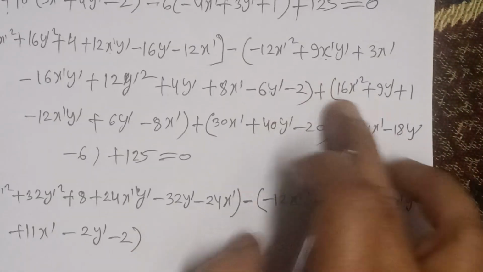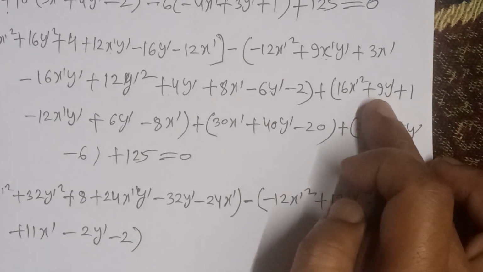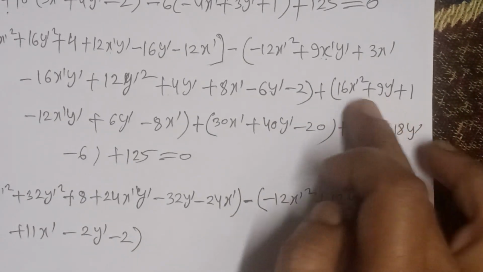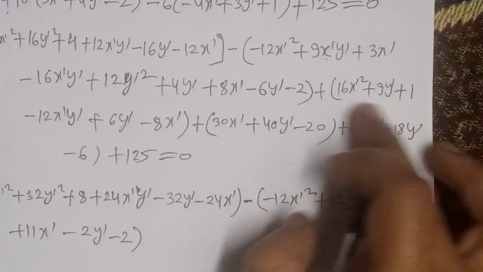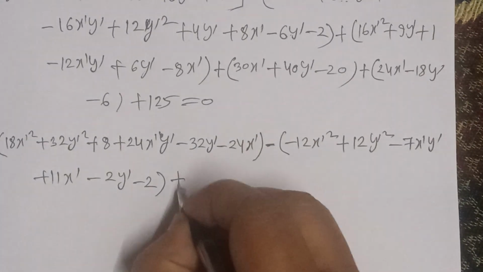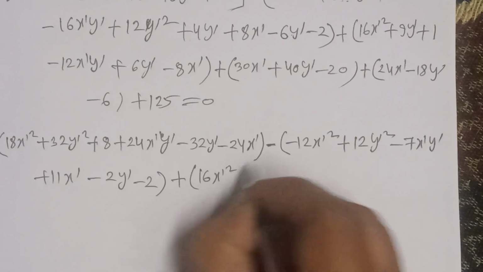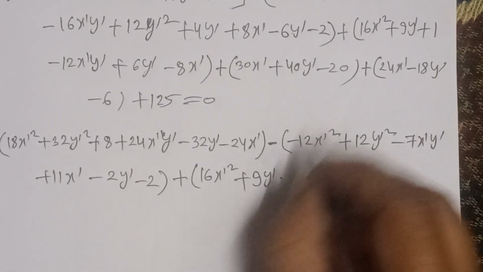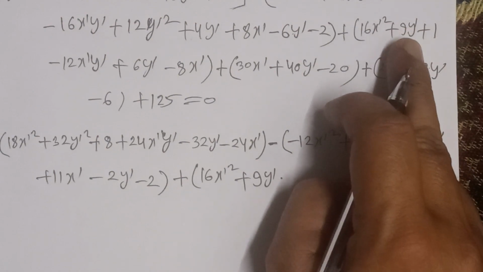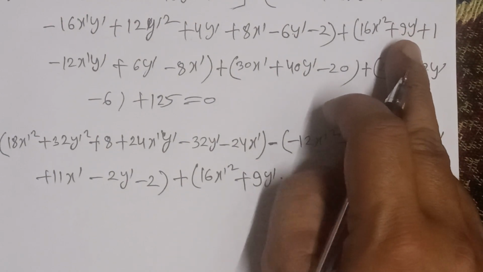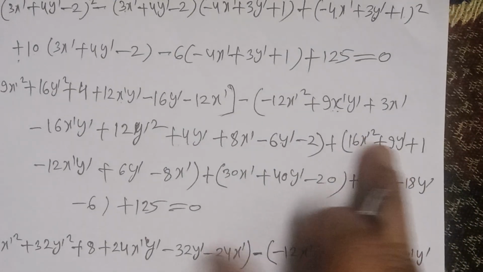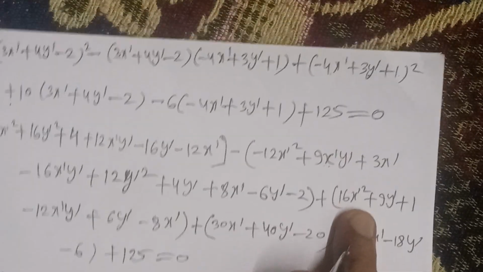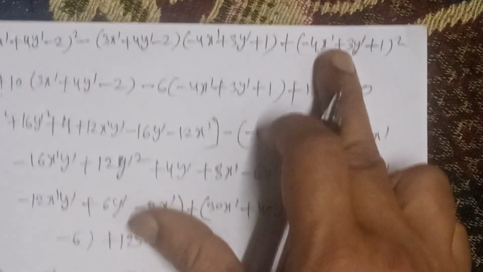After this I write this term which has no like term, so I write this bracket as it is without any change: 16x' square plus 9y' square. I think this should be square, because this term I get from here by squaring.